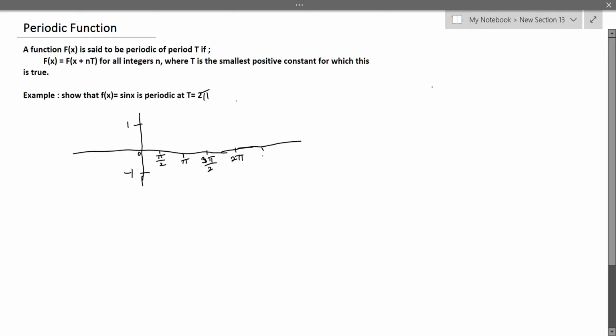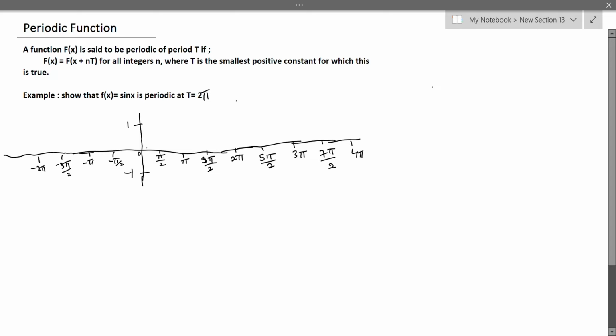We have 5 pi over 2, then 3 pi, moving on 7 pi over 2, and then 4 pi. If you do the other side, you get the same thing, but this time negative pi over 2, minus pi, minus 3 pi over 2, minus 2 pi, and so on.